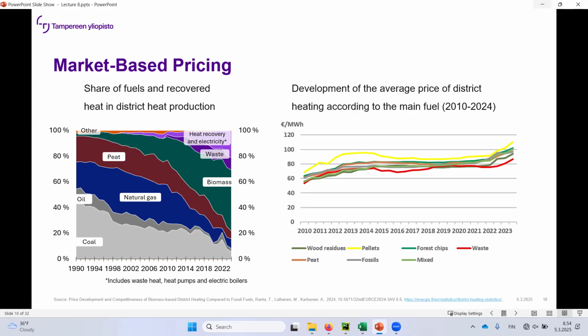pretty much. So this is the development of the average price of district heating according to the main fuel. So you can see how it affects the district heating price as well.